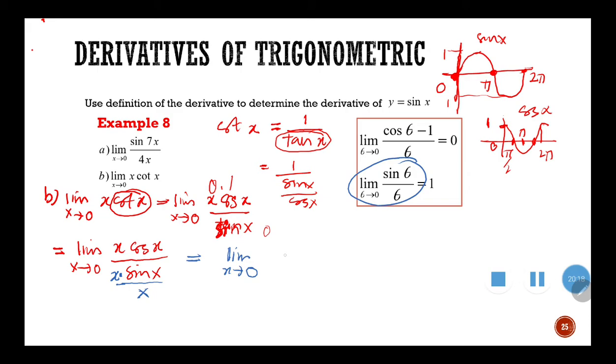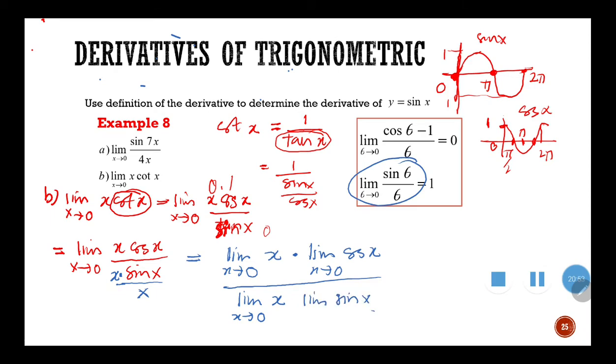So here we will have the limit of x times the limit of cos x as x approaching 0, over, I separate them one by one. Now we have x sin x over x, so we can split here the limit of x as x approaching 0, and then we have the limit of sin x over x as x approaching 0.